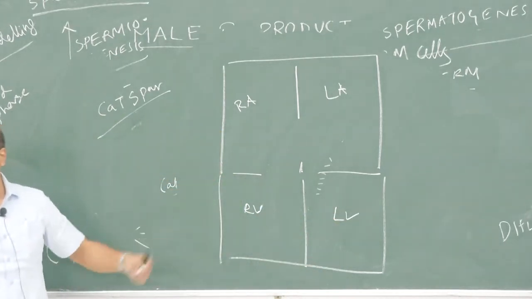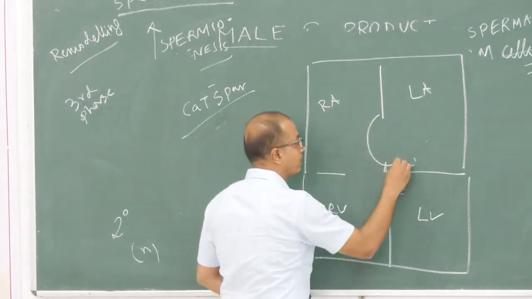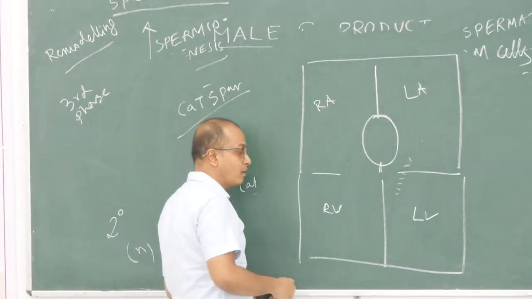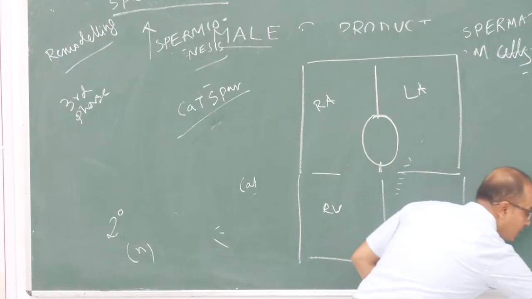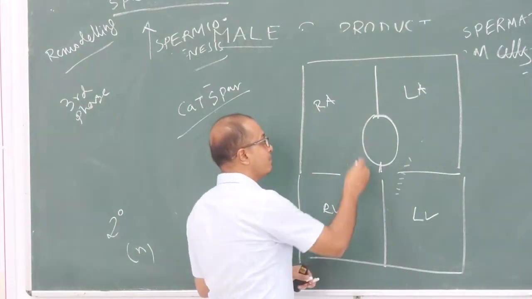Now we have a hole existing at this particular point. So in which direction will blood be moving between this atrial chamber if you have a gap here?